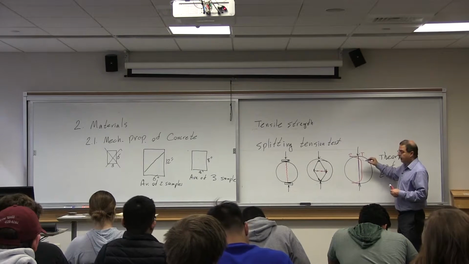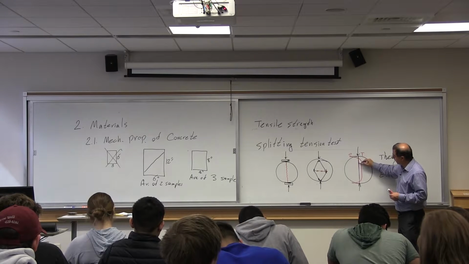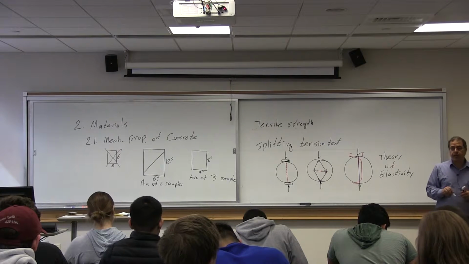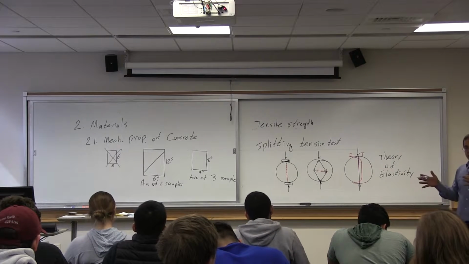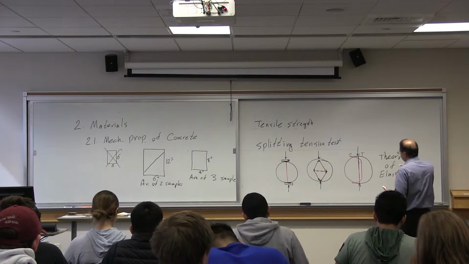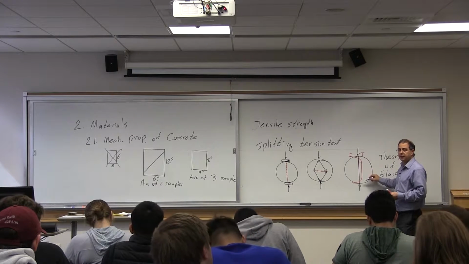At any location, the horizontal distance between this vertical line and the curve shows how much tension or compression you have in the horizontal direction. This would show that for the most part you have kind of uniform tension.